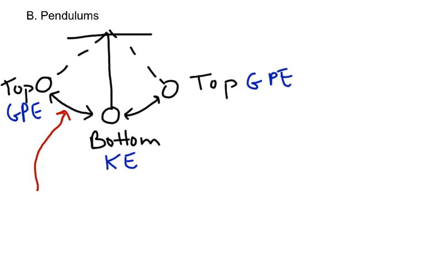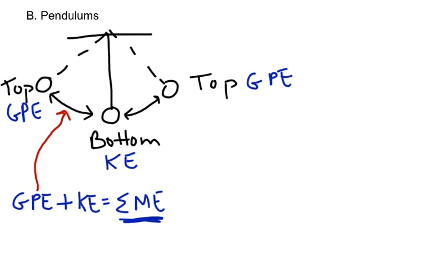If we're right in the middle, we have a combination of gravitational potential energy plus kinetic energy, and that will give me, if I added those two values at that point, the total mechanical energy of the system. The total mechanical energy of the system is the same everywhere. So whatever that value would be right here, this total mechanical energy, that would be equal to the gravitational potential energy at the top, and that will also be equal to the kinetic energy at the bottom.